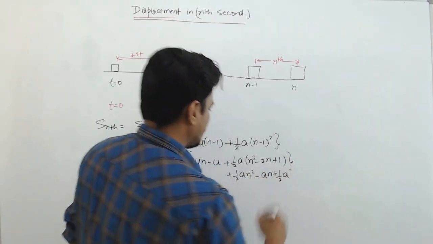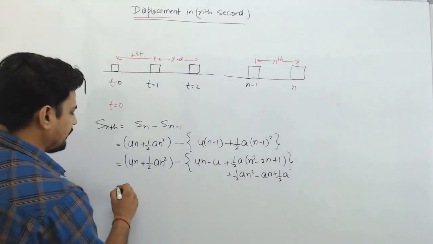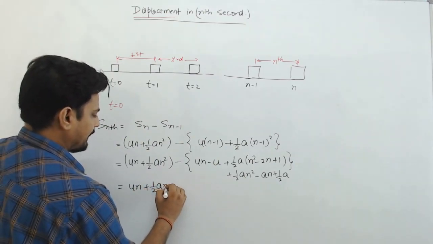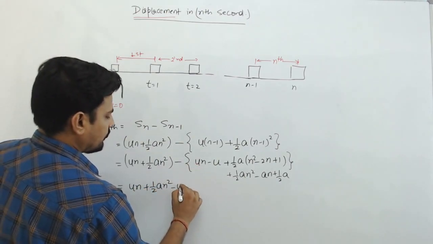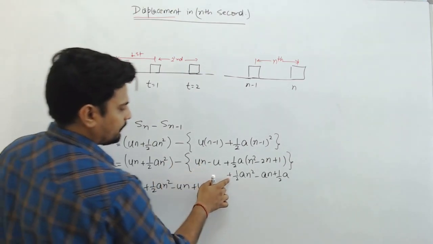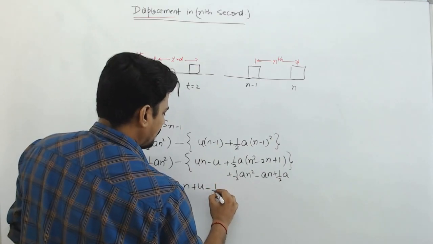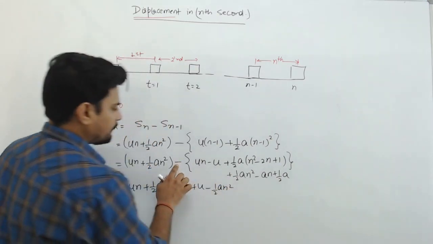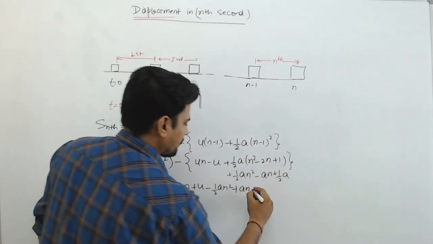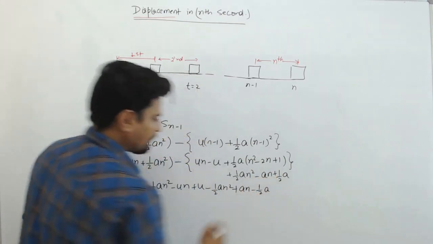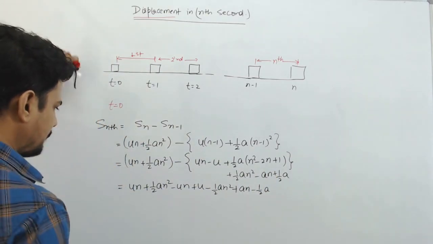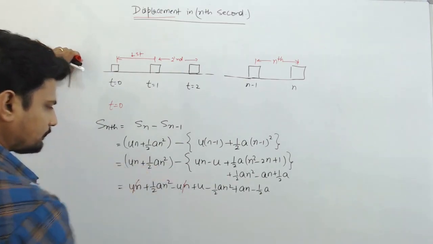Now come to this one. Finally, we can open all the brackets. So we will be having un plus half an square minus un plus u, negative half an square. Negative times negative going to be plus an. Negative times positive is going to be negative 1 upon 2a. Let us see if something is getting cancelled. कुछ cancel हो रहा है क्या? I believe cancelled.